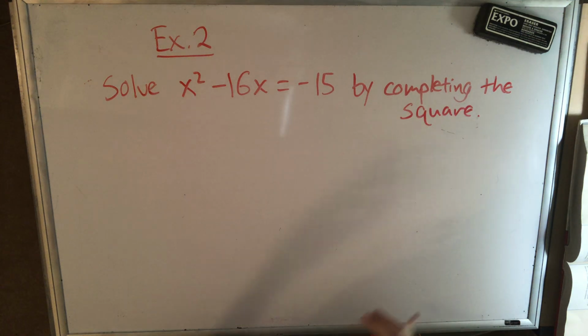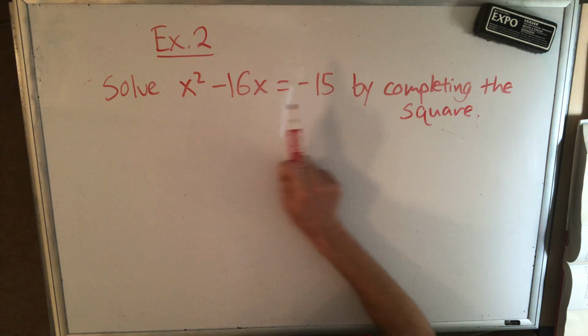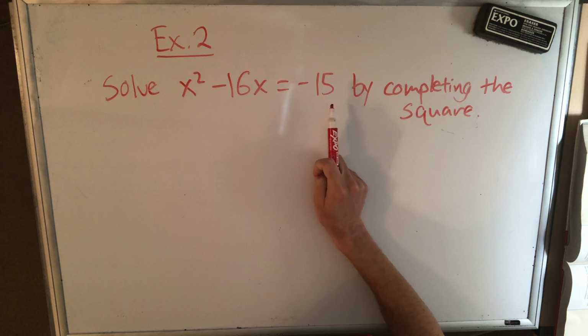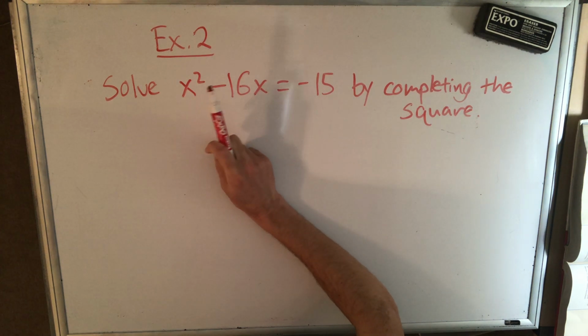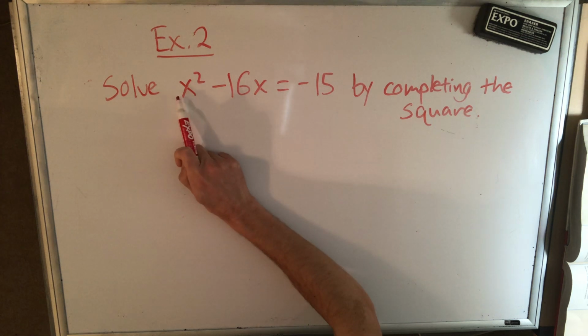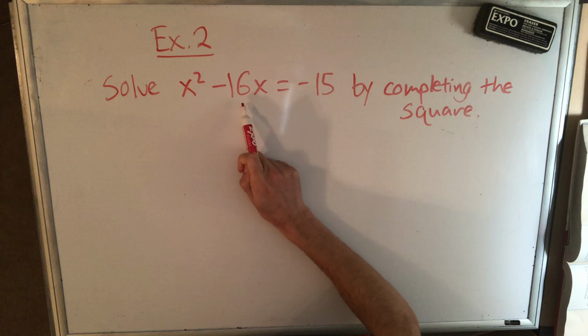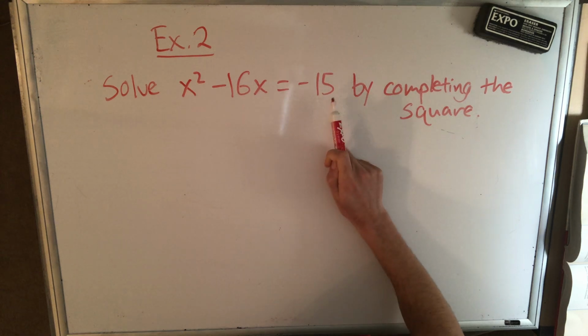Okay, so this is already set up perfectly to complete the square. Before completing the square, you have to make sure you have a variable squared term not being multiplied by a number, a variable term, and then equals a constant, a number not multiplied by a variable.